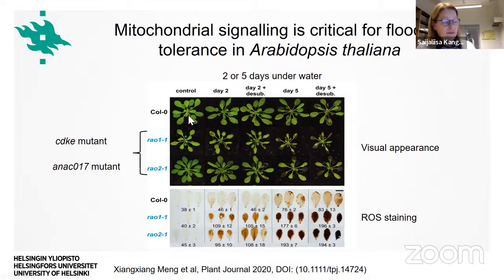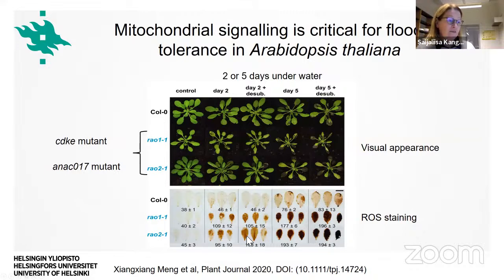And here you see that the wild type Arabidopsis plants only started suffering 5 days after being submerged, while some mitochondrial signaling mutants, notably an allele for this ANAC17 transcription factor, were really suffering and recovered very poorly from this treatment.